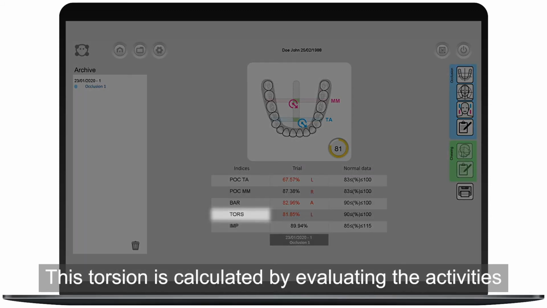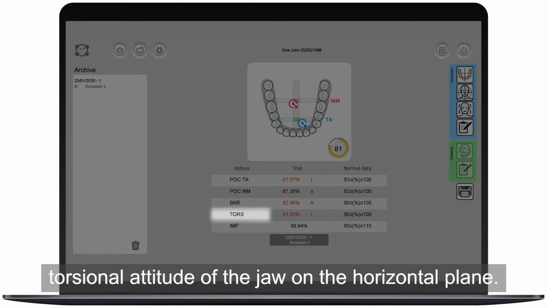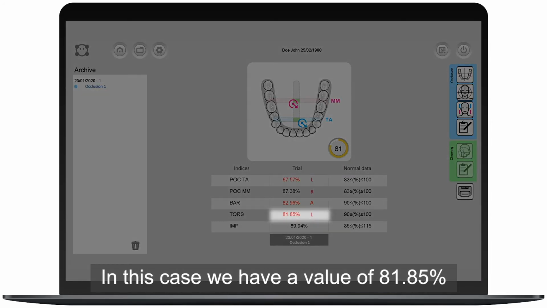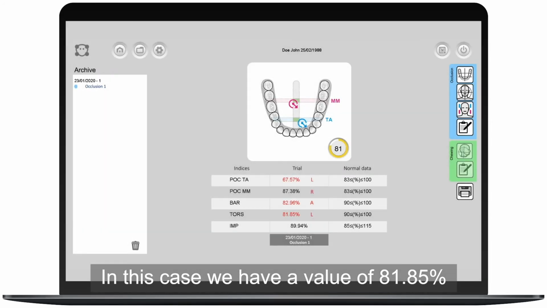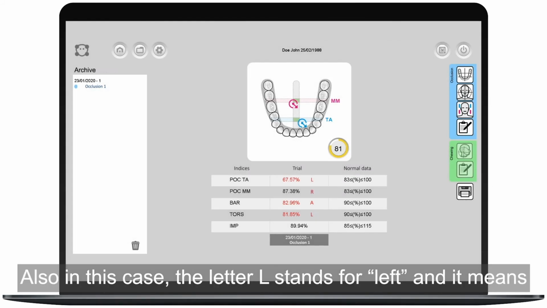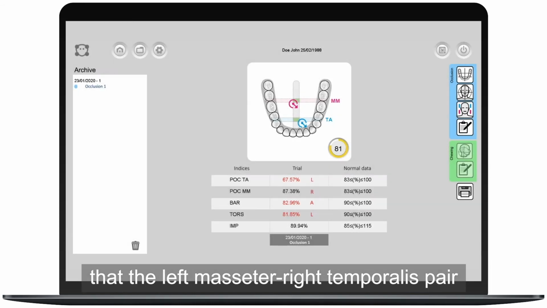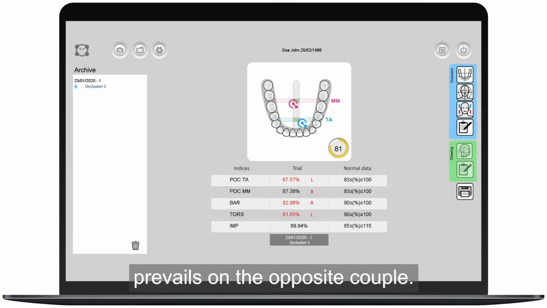The torsion is calculated by evaluating the activities of the crossed muscle pairs and refers to the microscopic torsional attitude of the jaw on the horizontal plane. In this case, we have a value of 81.85%, which is outside of the normal range. Also in this case, the letter L stands for left, and it means that the left masseter, right temporalis pair prevails on the opposite couple.